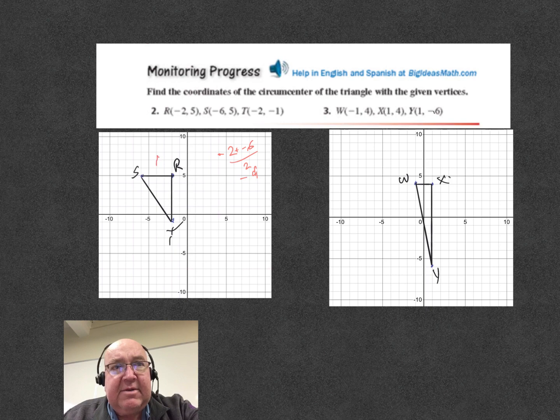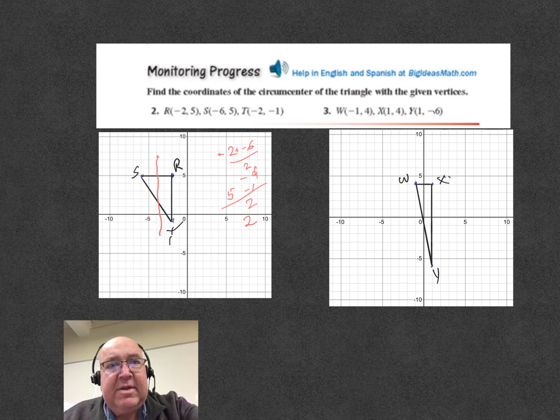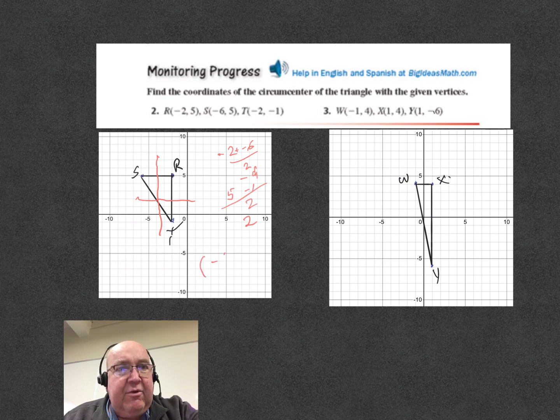So where x equals -4, we're going to draw a line, and then we're going to go over to our R and T, and our R value for the y is 5. Our T value is -1. Add those together and divide by 2. We get 4 divided by 2 is 2. So y equals 2. So our circumcenter is -4 and 2.